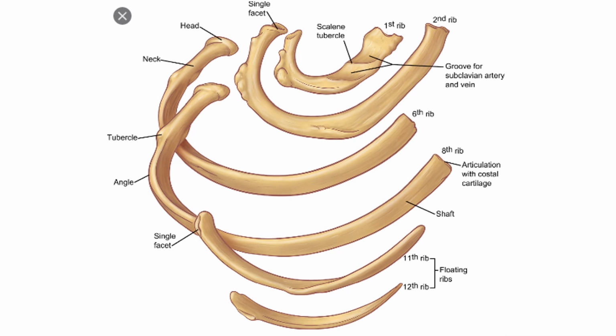The answer is no. At the top of the image, you can see that there is a short rib, and then as you go down, they get larger and longer, and then at the bottom, the 11th and 12th are smaller. So they start as small ribs, they come down as longer, and then they change shape into smaller ones.